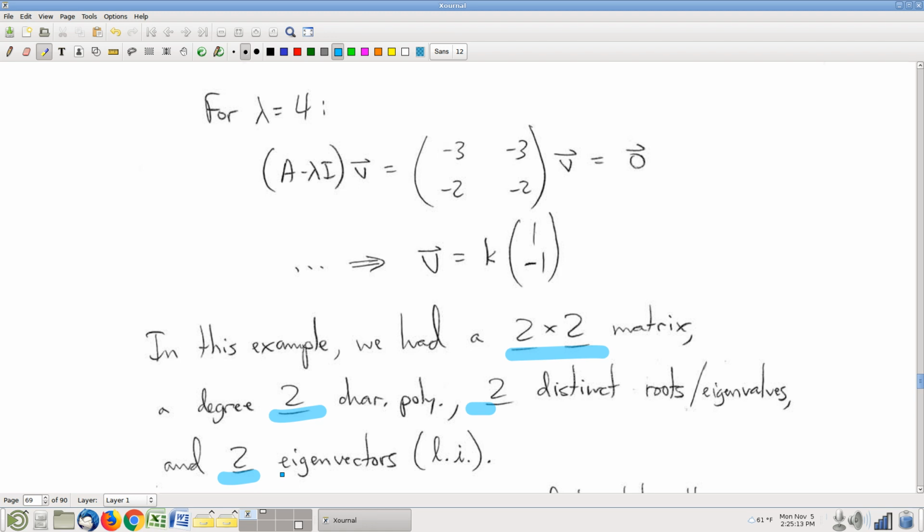The total number of roots was also n, once you include multiplicities. And how many solutions did we find? Well, we had to do some work to find some of those solutions, but subject to linear independence, we found n solutions. So nth order, nth degree, n roots, n solutions. It looks like the same thing is happening here.